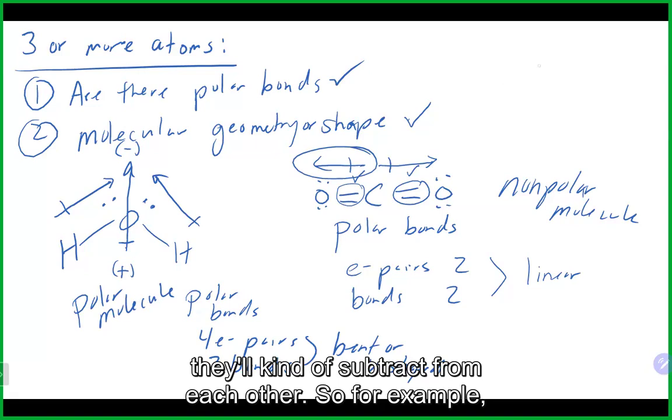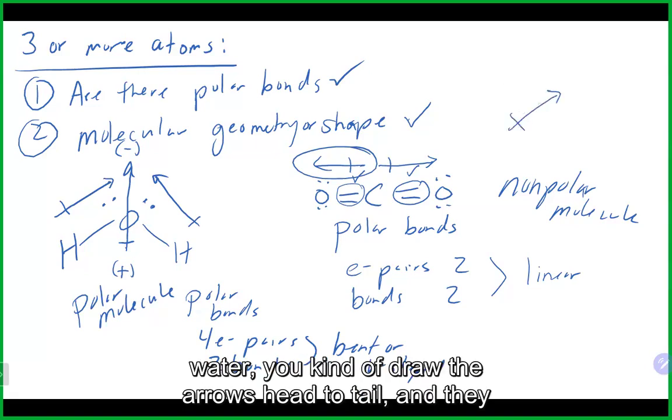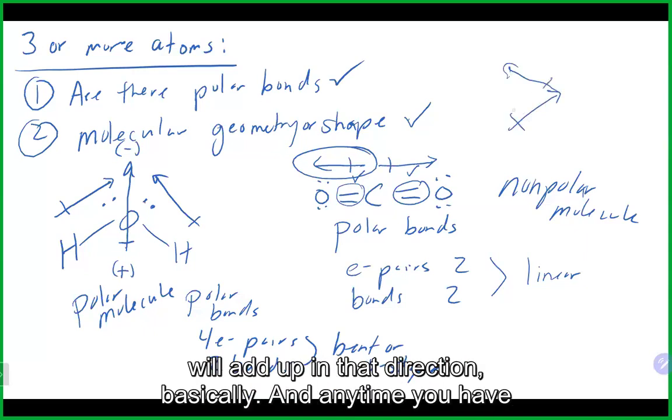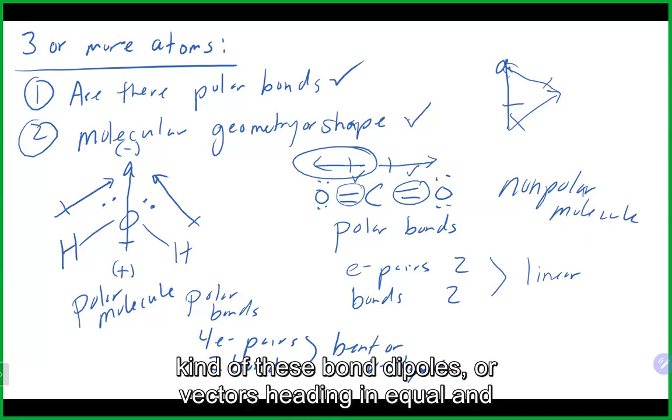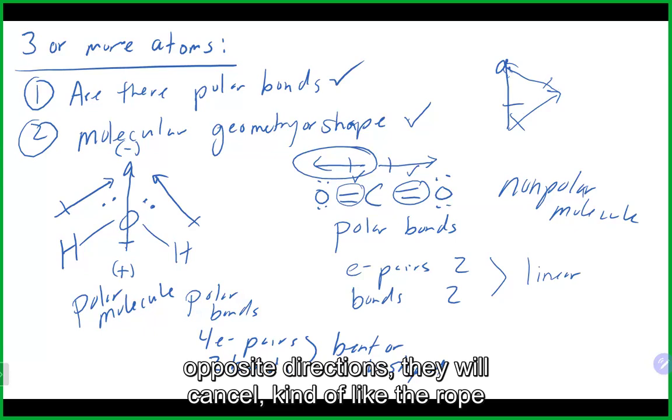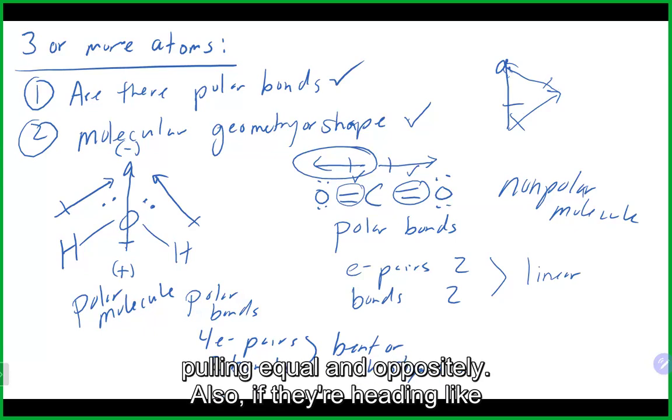So, for example, water, you kind of draw the arrows head to tail, and they will add up in that direction, basically. And anytime you have these bond dipoles or vectors heading in equal and opposite directions, they will cancel, kind of like the rope pulling equal and oppositely.